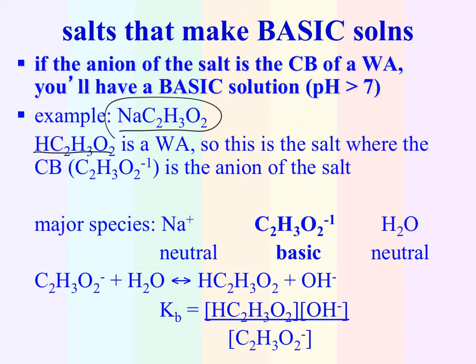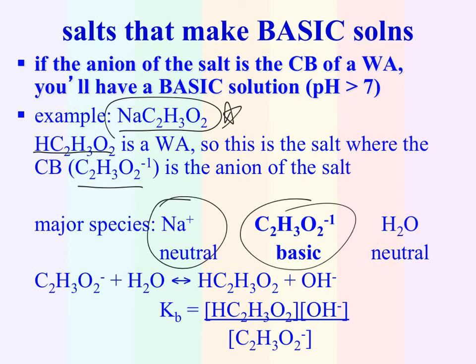So this salt can behave as a weak base in solution. The things that are going to be put into solution by this salt are Na plus, obviously this acetate anion, and of course we'll have water in this solution.